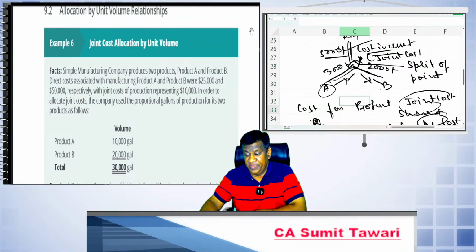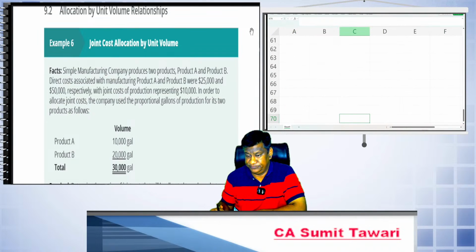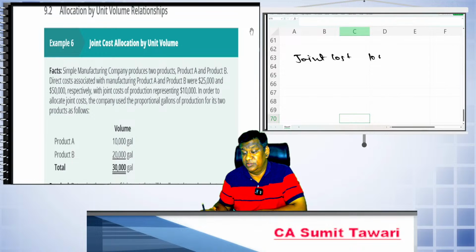So what happened? The joint cost, which is $10,000, we need to bifurcate between product A and product B in a 1:2 ratio. So in 10,000, it is 1/3 and 2/3. You can consider 1/3 and 2/3 multiplied by 10,000.